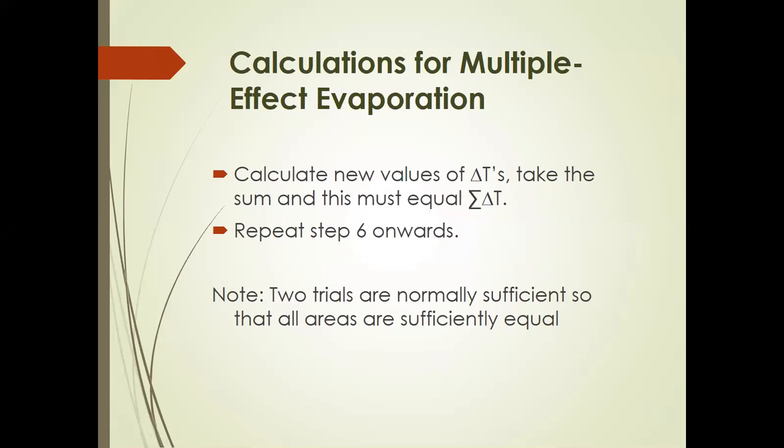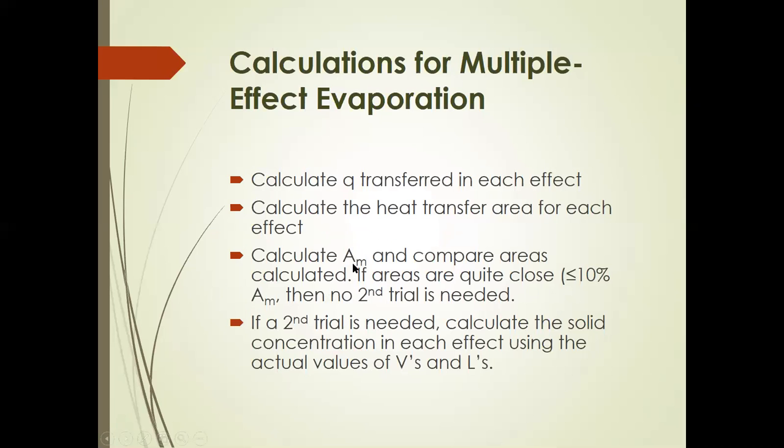And by the way, class, when a problem asks for the heat transfer area of the effects of your multiple effect evaporation system, that would be the A mean. So you don't answer the individual areas that you have computed, but rather you will use the A mean, the mean of those areas. Because when we design evaporators, we don't design them differently. If you go to the industrial processes, most of them, if it's multiple effect, the sizes and even everything in those evaporators that is considered a system is the same.